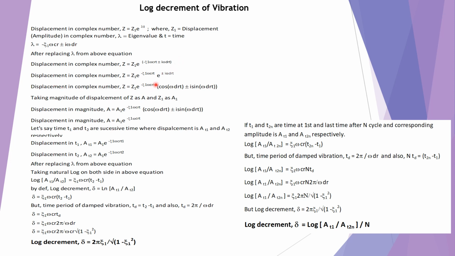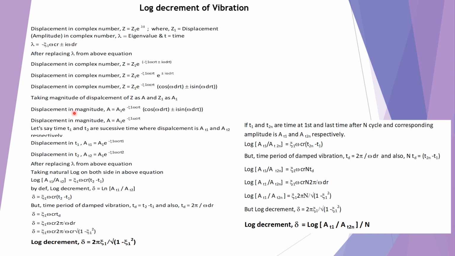Further we can simplify this in two forms. z is equal to z1 e to the power minus zeta 1 omega cr t into e to the power plus minus I omega dr into t. This can be further written as z is equal to z1 into e to the power minus zeta 1 omega cr t into [cos omega dr t plus minus I sine omega dr t]. So this is a sinusoidal waveform, but the amplitude is this.